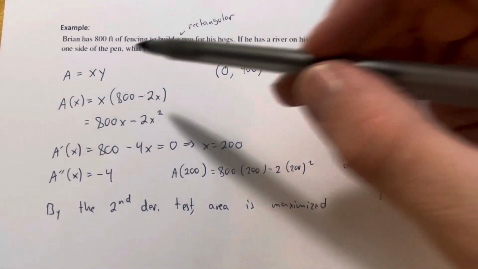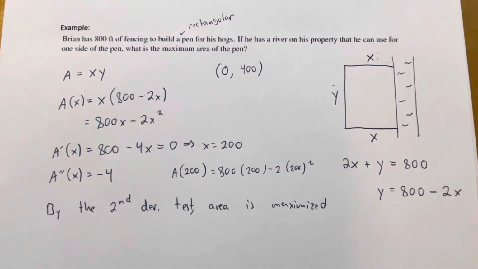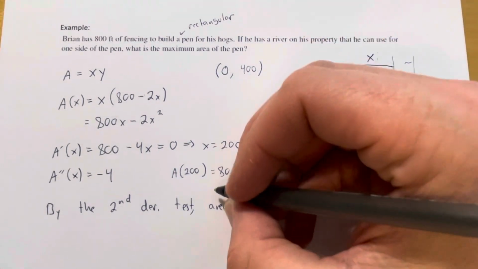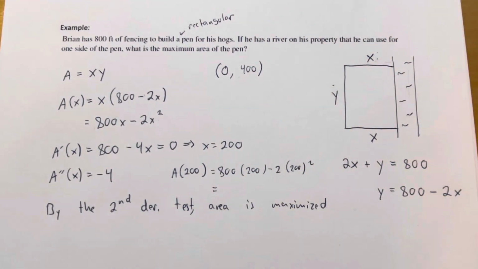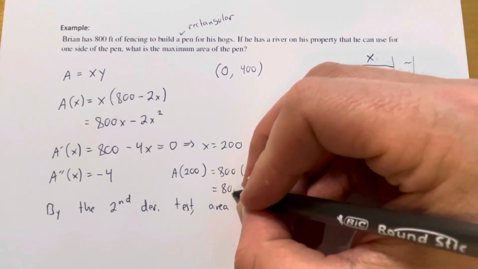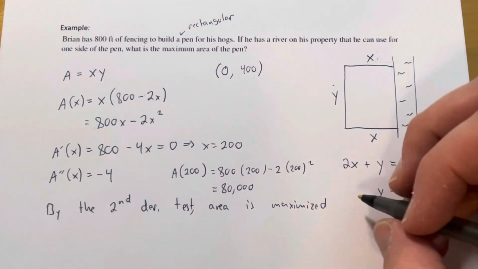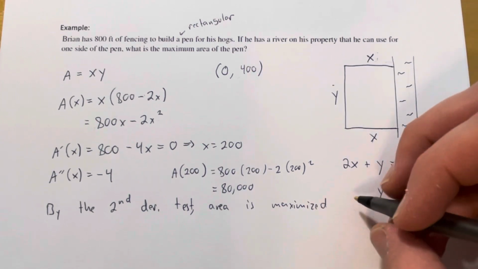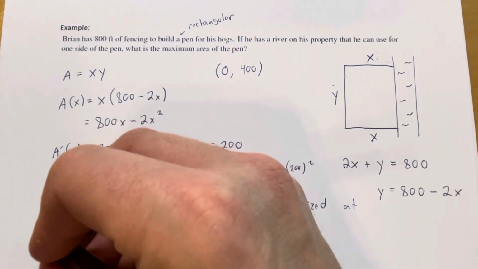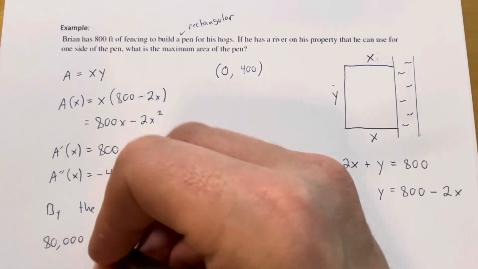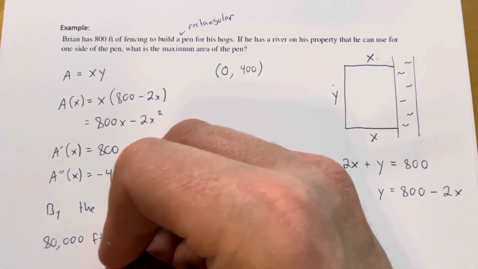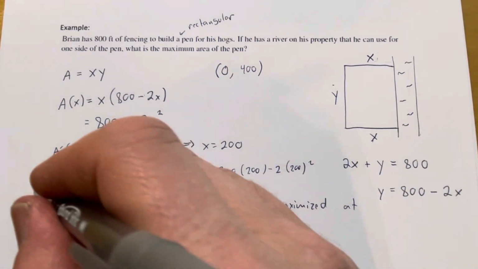And we know that the area was equal to length times width anyway, so 200 times 400 will give me the same thing. But whichever approach you take, this is going to come out to 80,000. So I can say by the second derivative test, the area is maximized at 80,000 square feet. Remember, area is measured in square feet, okay?